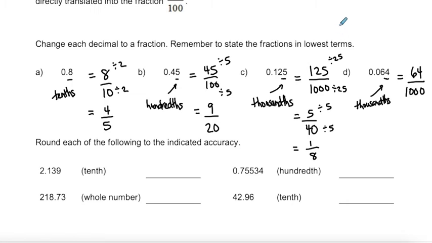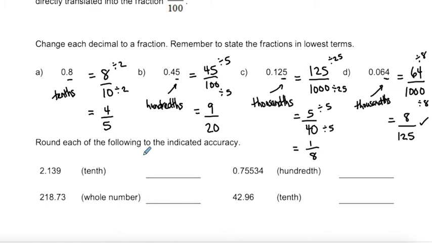So maybe I want to start by dividing this by 8, because I know that both of these numbers are divisible by 8. You could start with 2, but I'm going to start with 8 this time. So 64 divided by 8 is 8, and 1,000 divided by 8 is 125. And that is in lowest terms.